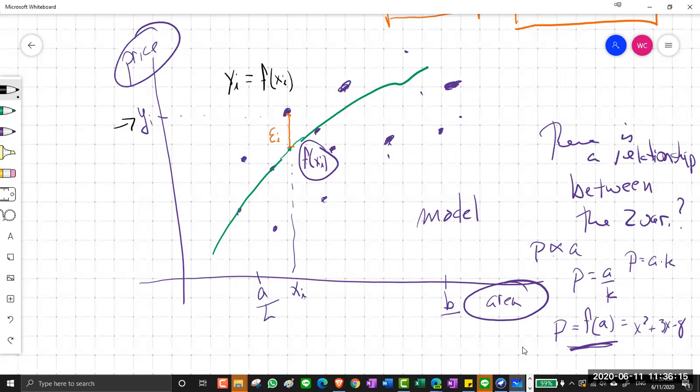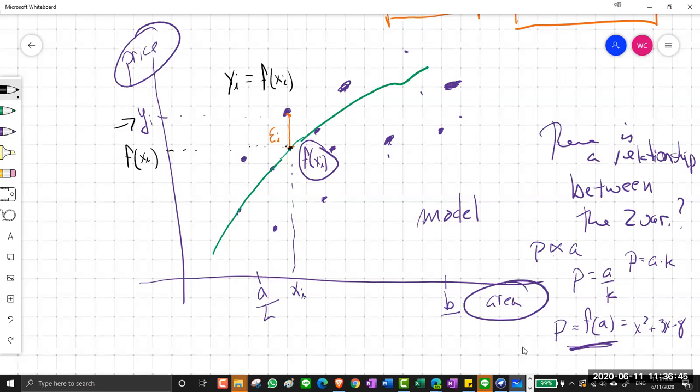Here's f of xi. So I can't say that yi is equal to f of xi. That's not right. Here's yi, here's f of xi. They're not equal. So what is true?